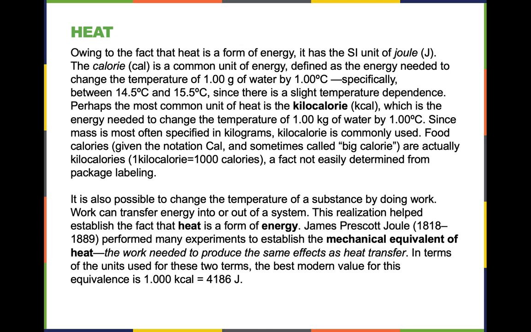Perhaps the most common unit of heat is the kilocalorie, kcal, which is the energy needed to change the temperature of 1 kilogram of water by 1 degree Celsius. Since mass is most often specified in kilograms, the kilocalorie is commonly used. Food calories, given the notation Cal with a capital C and sometimes called big calories, are actually kilocalories, where 1 kilocalorie equals 1,000 calories, a fact not easily determined from packaged labeling.